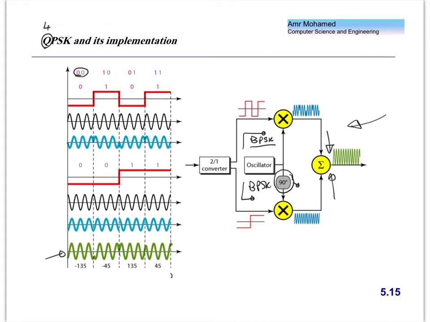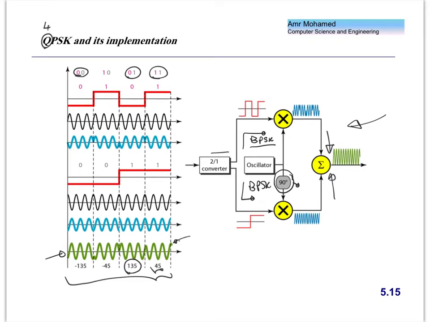So in other words, if we look at the composite signal here, we will see a sine wave with a phase shift of 45 degrees to represent, for example, the 1-1. A sine wave with a phase shift of 135 degrees to represent 0-1, and so on.